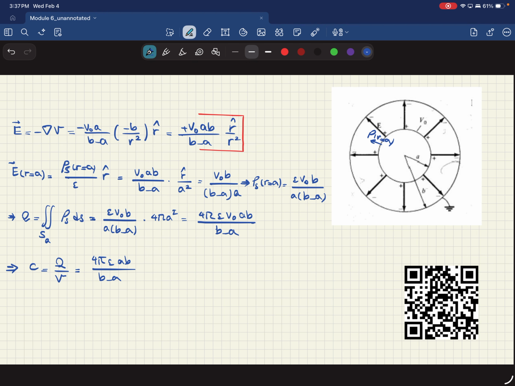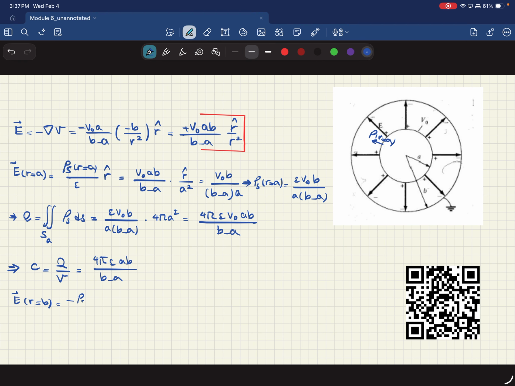Let's see if we would have got the same answer if we were doing this on the outer conductor, okay? So on the outer conductor, E at R equal to B is minus rho S over epsilon R hat, because it's the other direction. I always forget to put this one. Minus rho S at R equal to B over epsilon R hat.